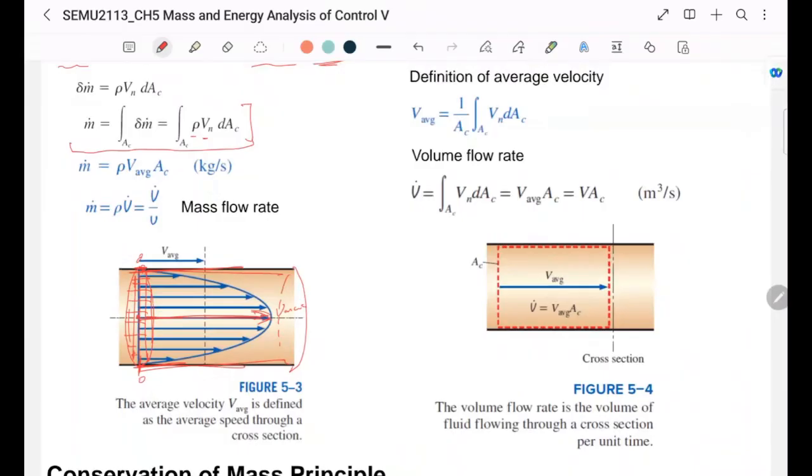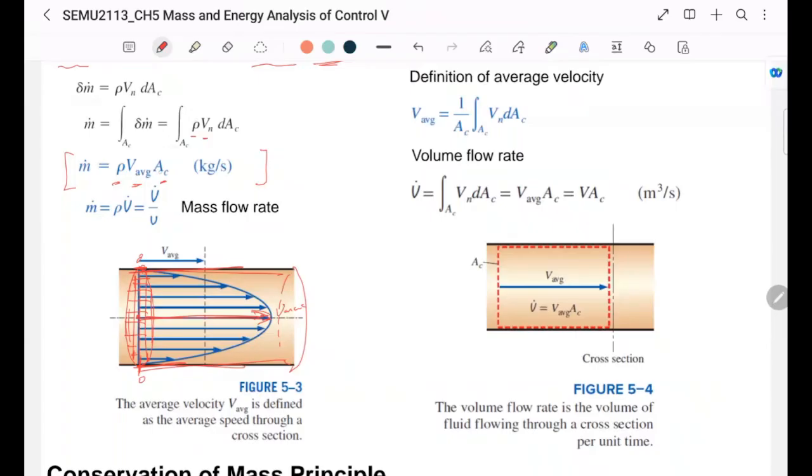Unless we analyze the whole system in 3 dimensions using the finite element method, most of the time, more conveniently, we express the mass flow rate in this equation only. So we're taking an average velocity. Mass flow rate is as simple as density multiplied by the average velocity multiplied by the flow area. And A is the flow area.